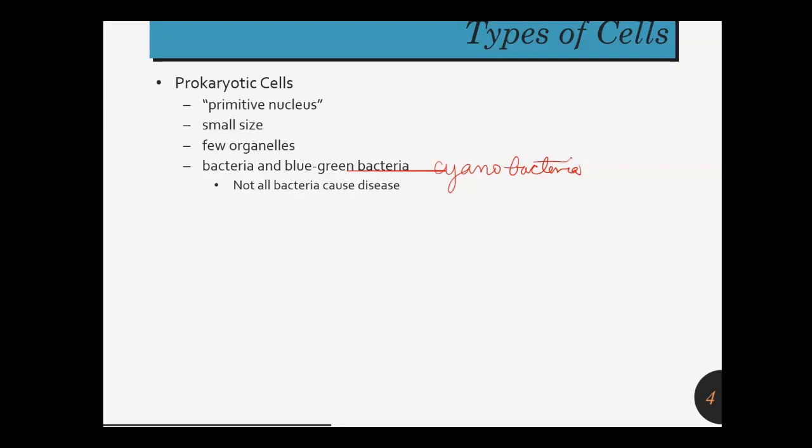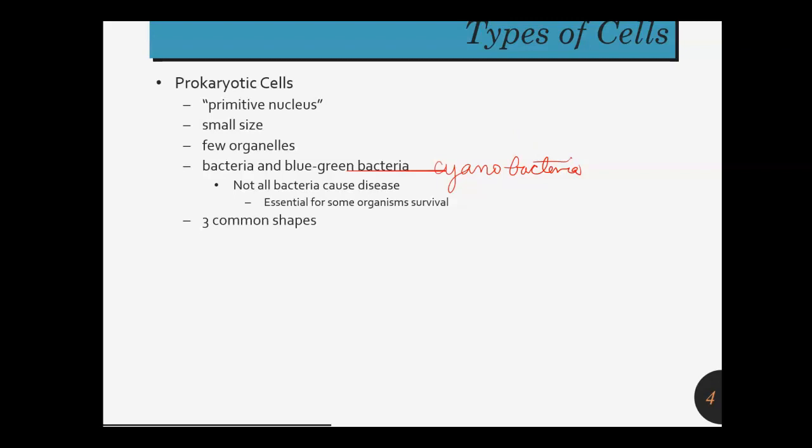Not all bacteria cause disease. Some bacteria are what we call beneficial bacteria. If you've ever been to the doctor, you know you have a natural flora and fauna of bacteria, and some of those bacteria help and assist us in maintaining life.